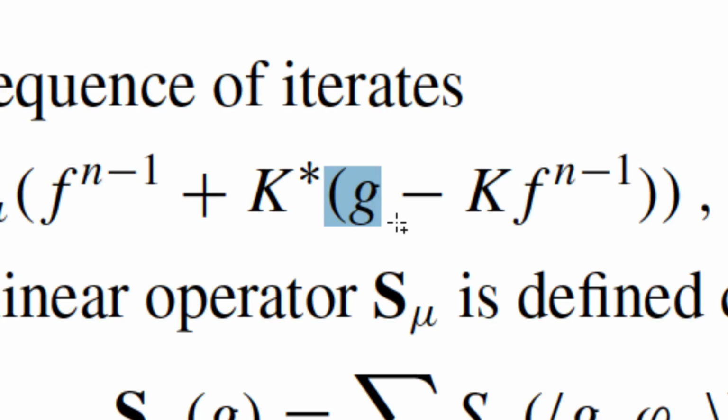This is the real data, g. So you subtract, you look at the difference, the error in the data between the real data and your simulated data for the iterate. And then you back project the residual. You back project the difference into the image space. That's what's going on here.